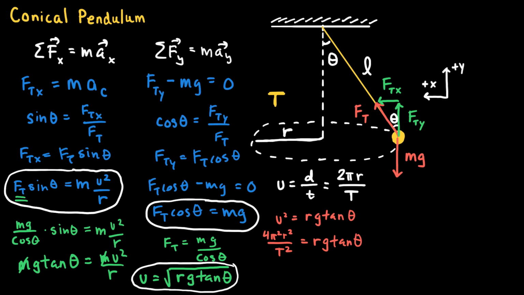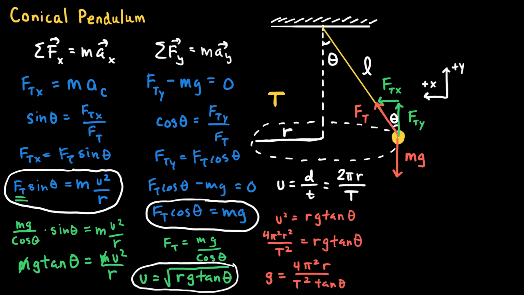And the reason why I think this equation is interesting is because if we solve the equation for lowercase letter g, the acceleration due to gravity, we get 4 pi squared r, meaning we would have to divide both sides by r and one of the r's would cancel, divided by T squared tan theta.